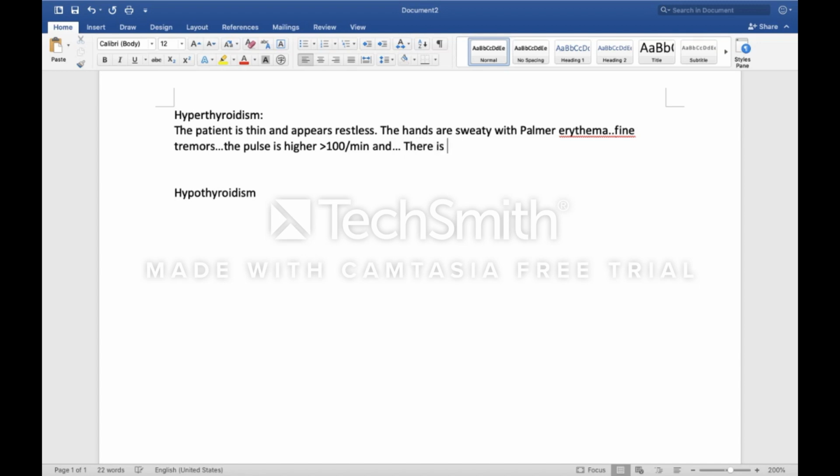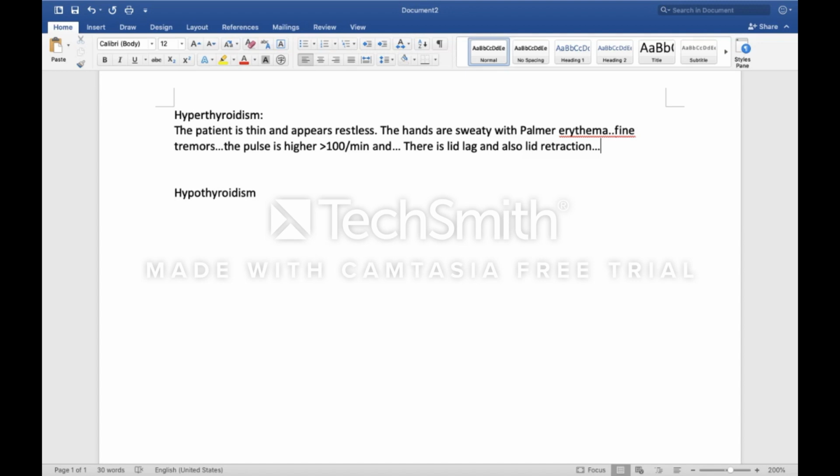There is lid lag, I will explain that in a while, and also lid retraction. Now lid lag and lid retraction are not signs of hyperthyroidism, but they point more towards the cause of the hyperthyroidism.